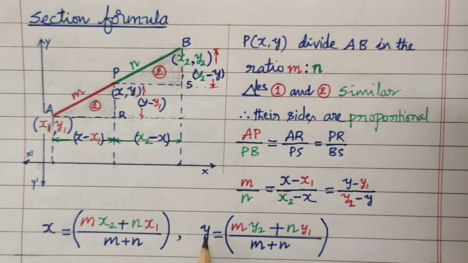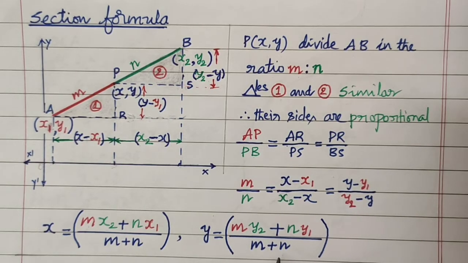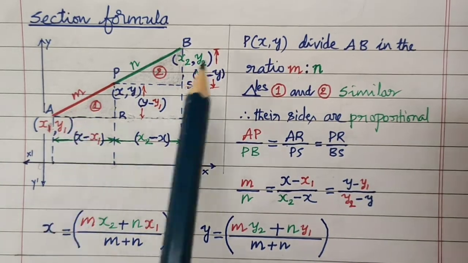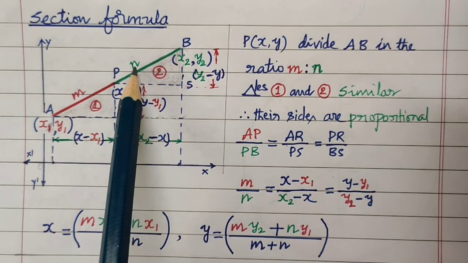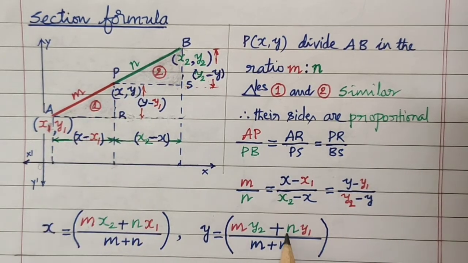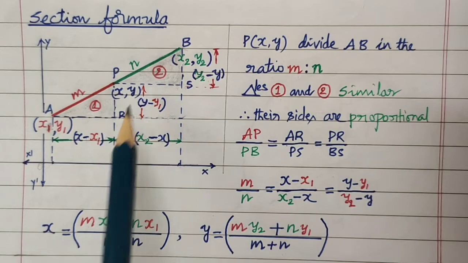By solving this, we get y is equal to m y2 plus n y1 divided by m plus n. These are the coordinates of the point P(x, y).